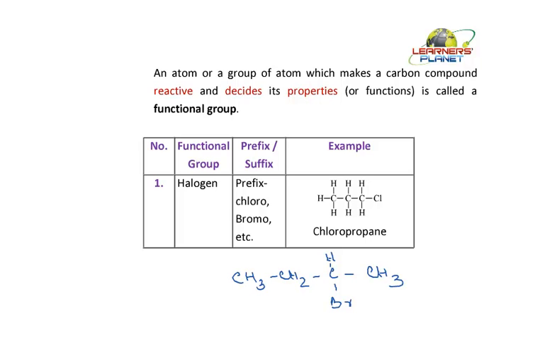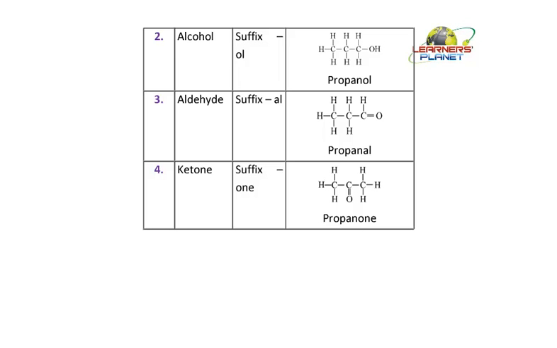So let's start numbering: 1, 2, 3 and 4. So it should be 2-bromo. How many carbon atoms are there? 4. So it should be butane. So this is how organic compounds containing halogens are named. Let's take a few more examples.